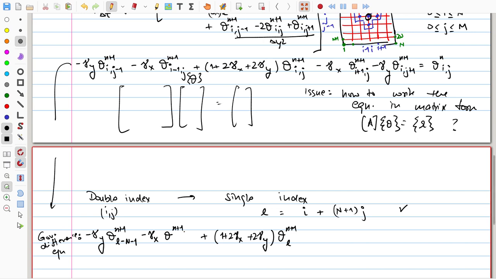And for i minus 1, j, which is one point to the left, the coordinate would be just one less than L, so L minus 1. So for the right point i plus 1, j, it becomes L plus 1.